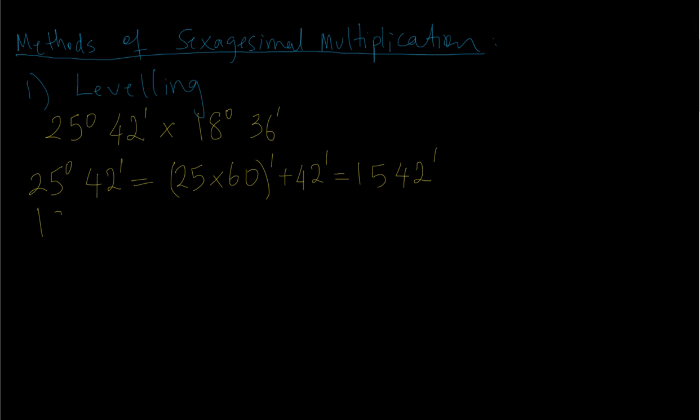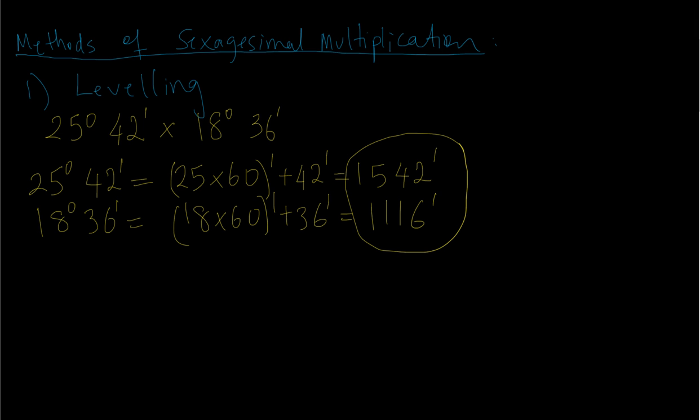Similarly, 18 degrees and 36 minutes will be 18 times 60 minutes plus 36 minutes, which equals 1116 minutes. So what you do next is go ahead and multiply these two numbers in decimal, using the decimal multiplication. I'm not going to go over that, but just write the result here.